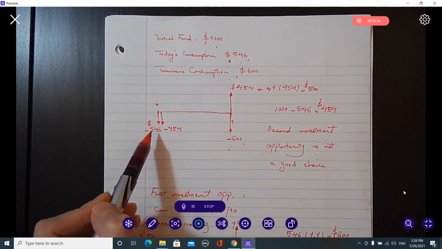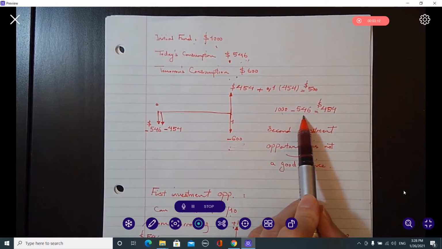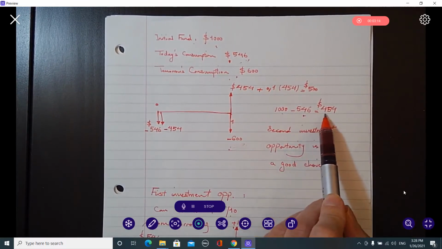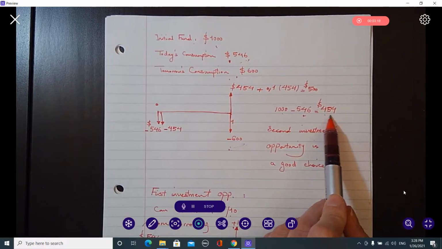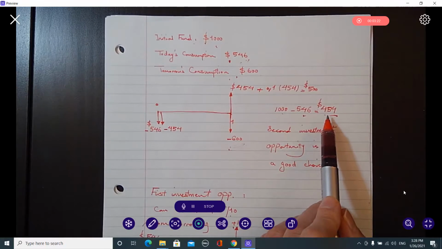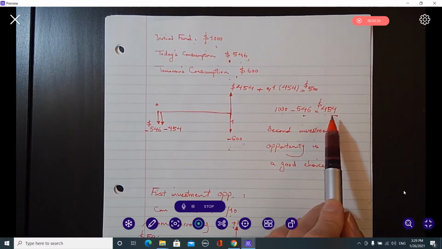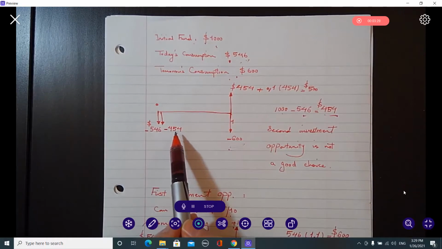Whatever remains, $1,000 minus $546, gives $454. So he will have $454 in cash at time zero, and he invests this amount at 10% interest rate.